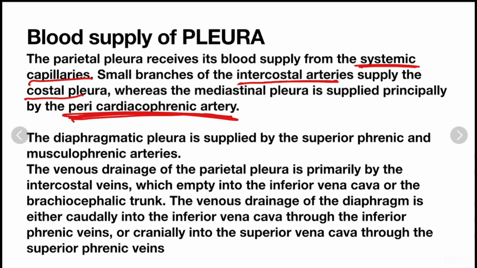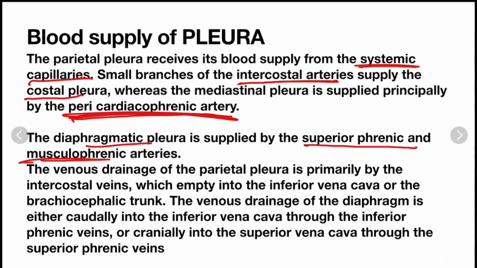The diaphragmatic parietal pleura is supplied by the superior phrenic and musculophrenic arteries. Very, very important. So this is the blood supply of parietal pleura.